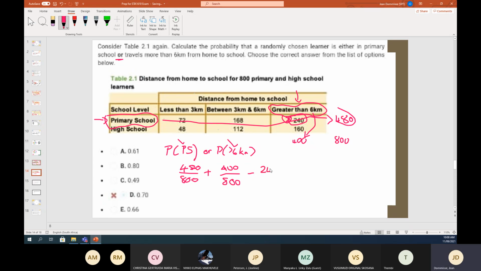So I need to take away one of the 240s. The 240 is included there and the 240 is included there.